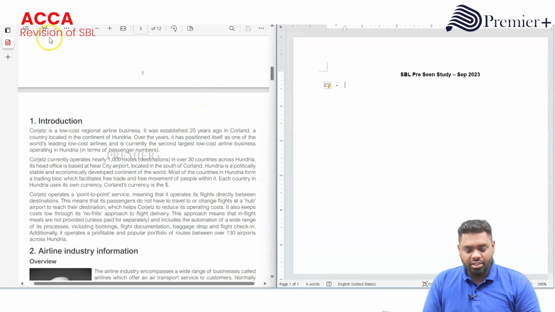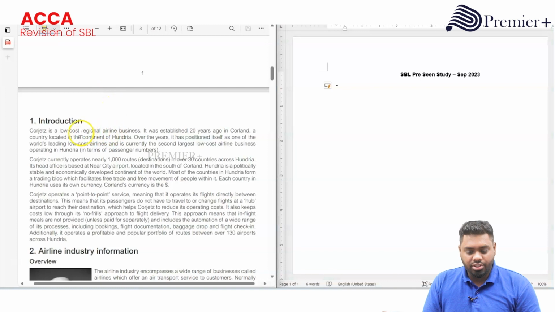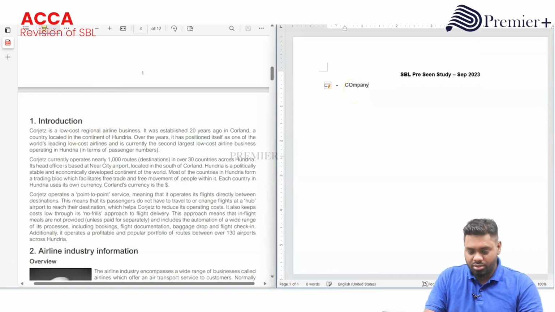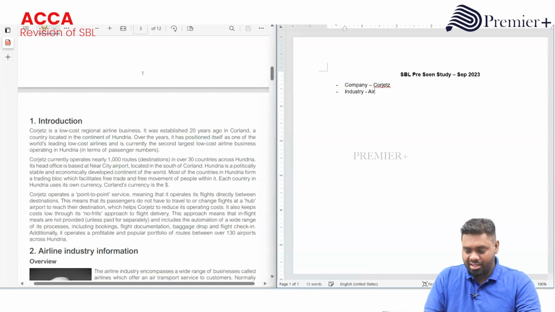Introduction. Courgettes is a low-cost regional airline business. So the company which we are involved is called Courgettes. The industry is airline, and their target market, or you can call this their competitive strategy, is on low cost airlines.